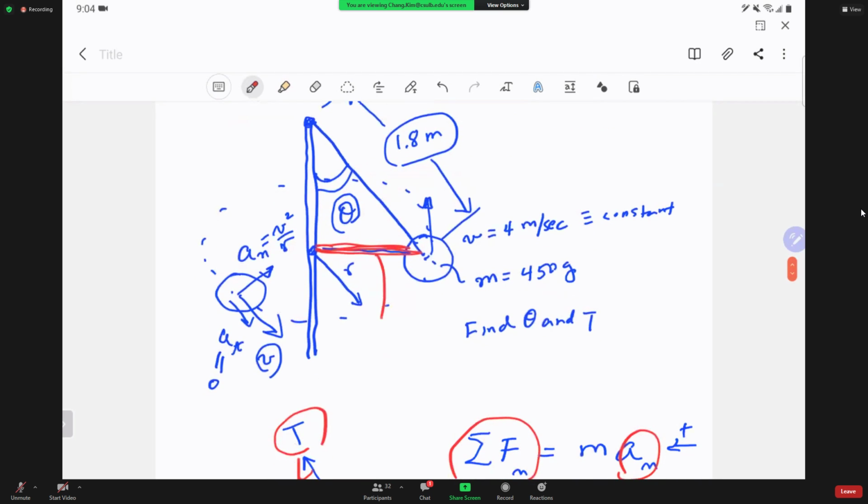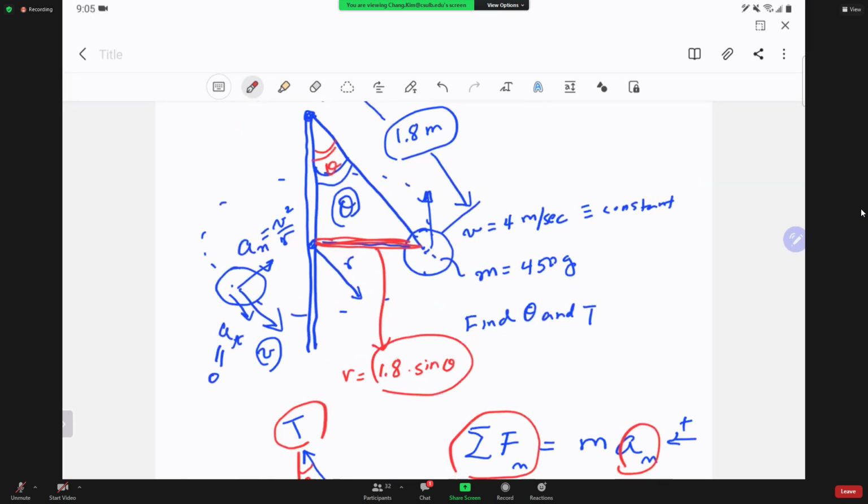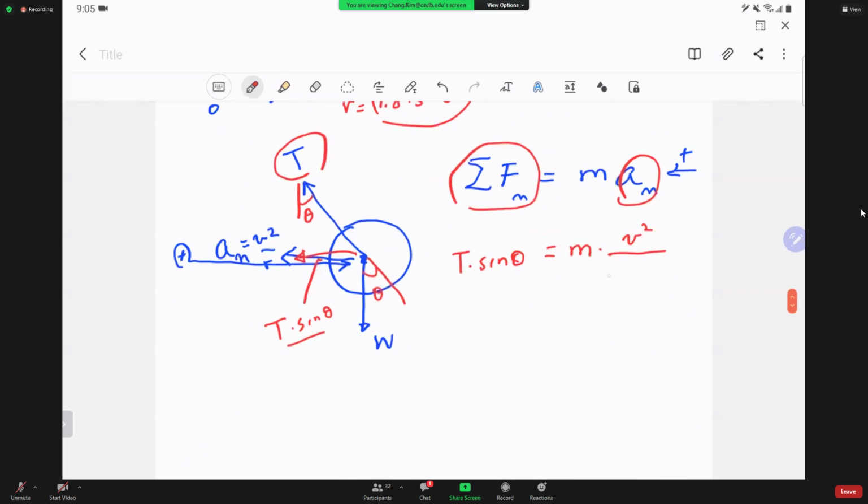So that radius is 1.8 times sine of theta. This is theta right there. So this is the R value. So that's going to be 1.8 sine of theta. That is the equation.